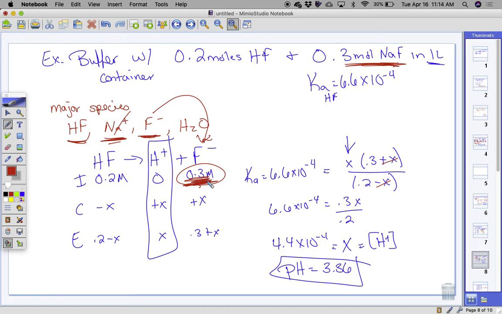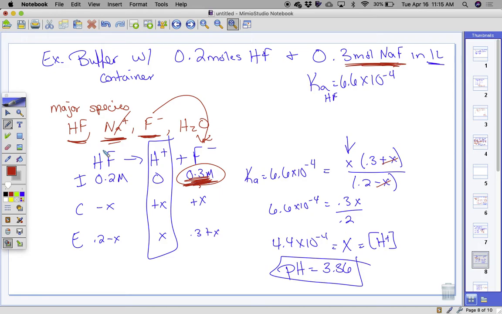They are so big, there's no point because we assume it goes to completion. So think about the K of a strong base being really, really huge, like billions. If I went to find the Ka of that conjugate, it's going to be teeny, tiny, almost 0. So that's why it doesn't affect the pH, and because of that, we ignore it.